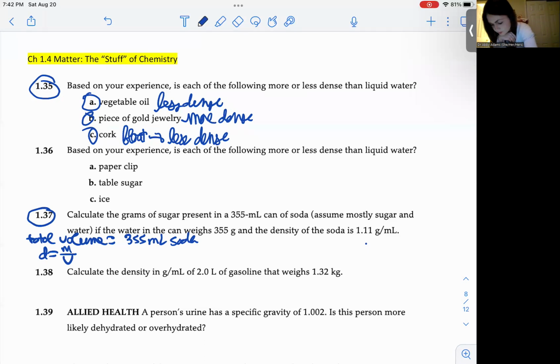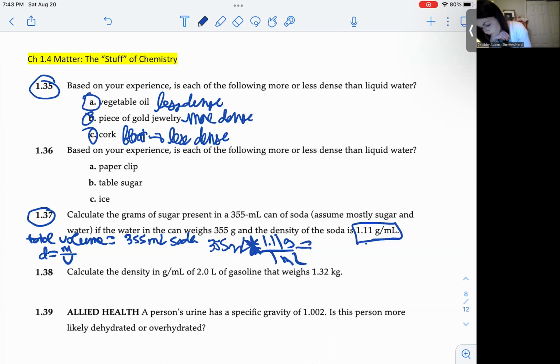Okay, so you have 355 mL times 1.11 grams over 1 mL, because you have this. We're going to solve for x. Let me erase this, that's sort of messy.